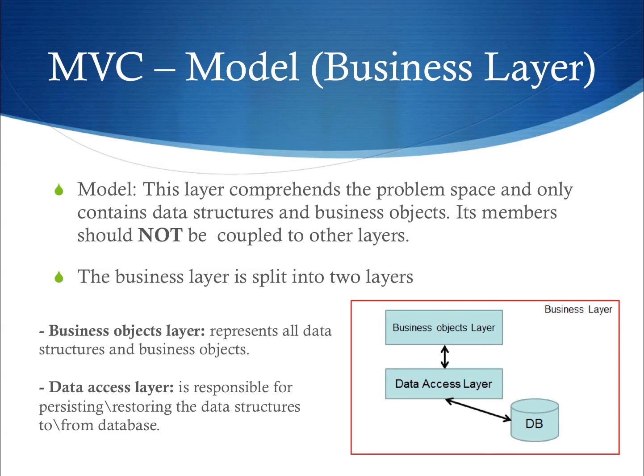So the data access layer intermediates between the business objects layer and the database storage. So when we change the database interface, we just have to change the data access layer, all right? Just to preserve that. Okay? That's why we separate it into two layers.